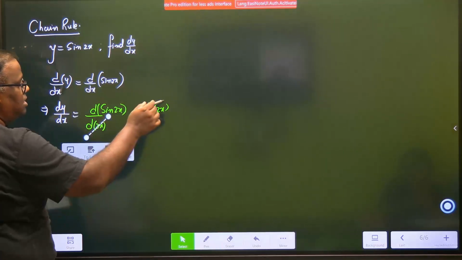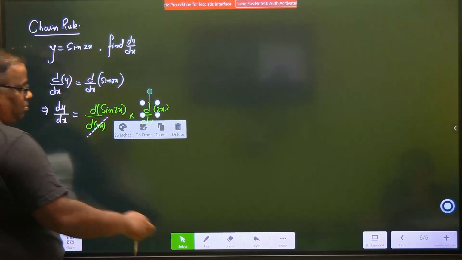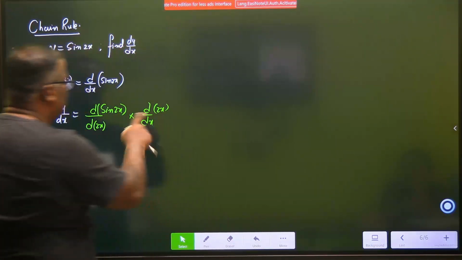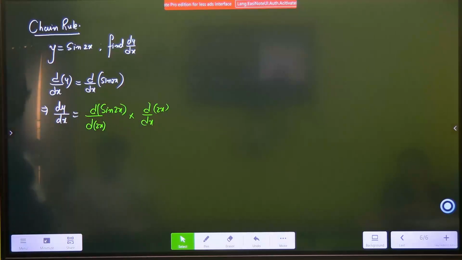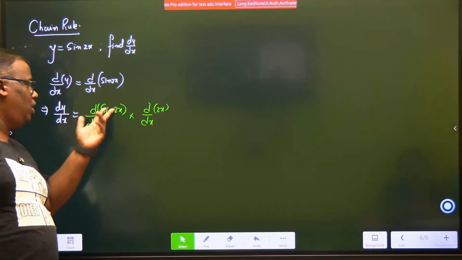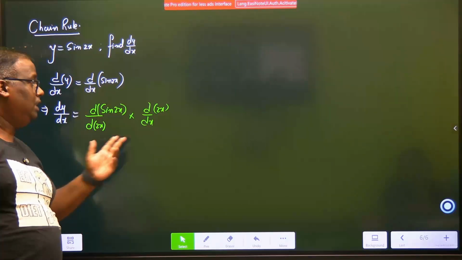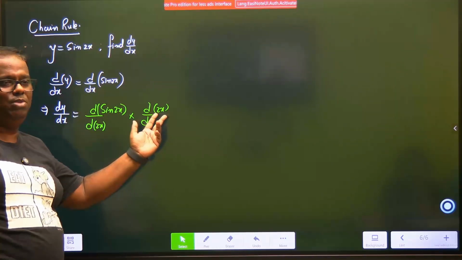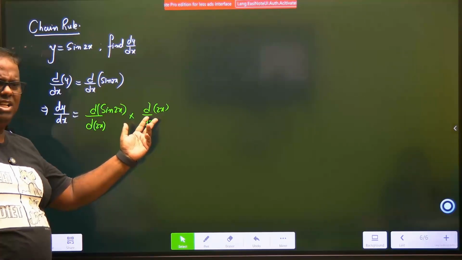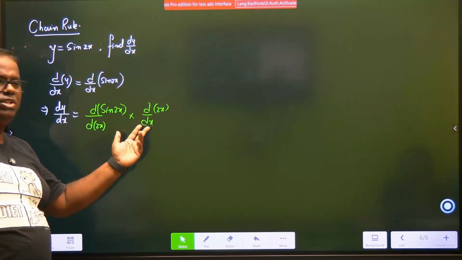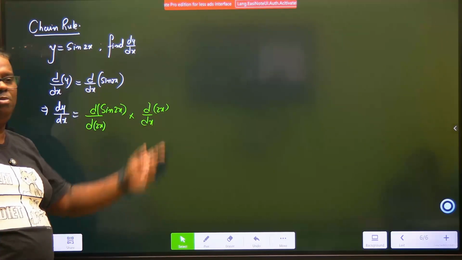This can cancel this. Yes or no? So fine, if these two cancel, aren't you doing d/dx of sin 2x? Yes. Right? But you are doing it in such a manner, dog differentiated to dog, and then the 2x becomes an algebraic function. 2x can be differentiated with respect to x because here the variable is only x.